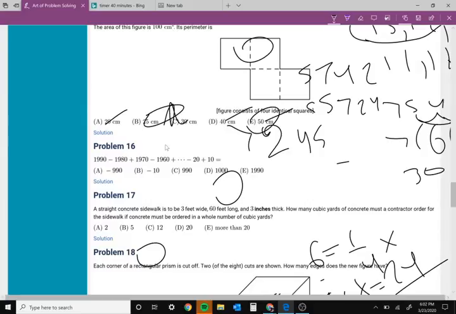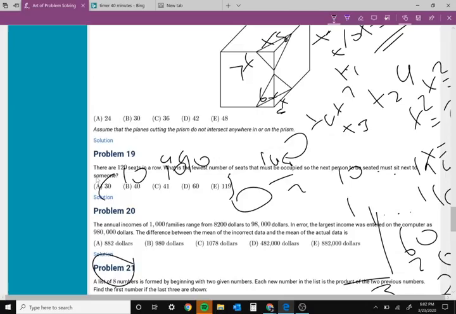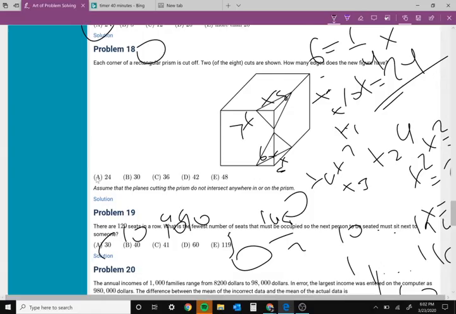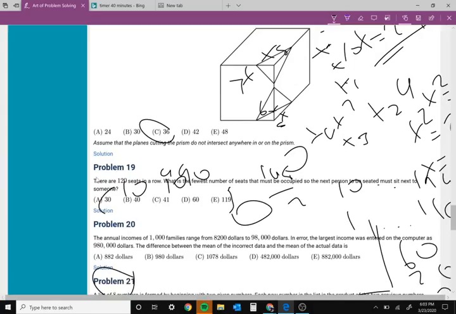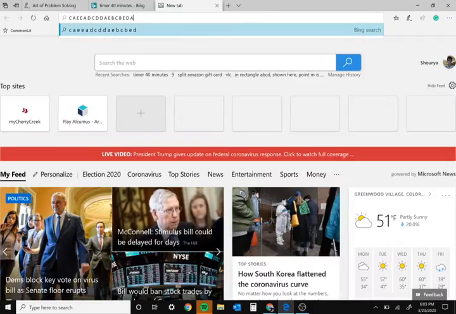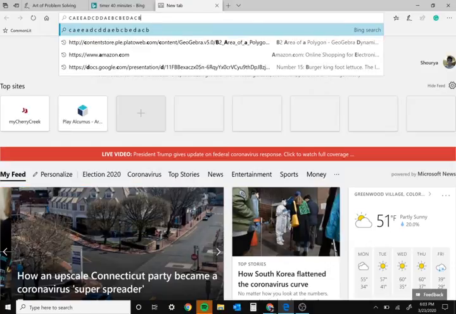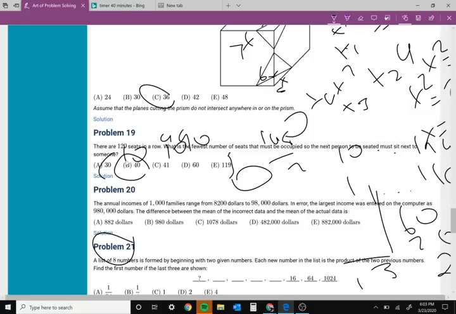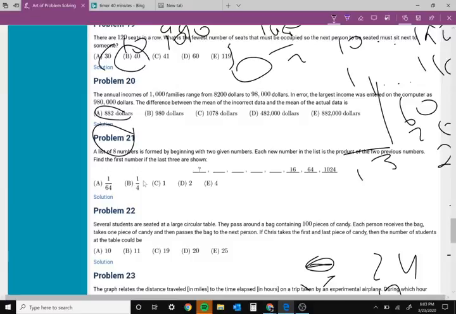This one was D. So D, A, C, B. C, B. Well, that's convenient.